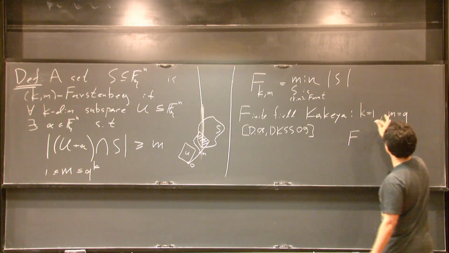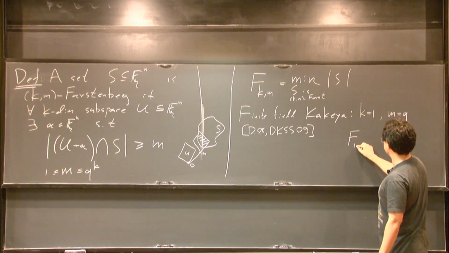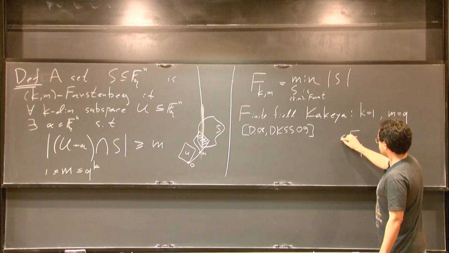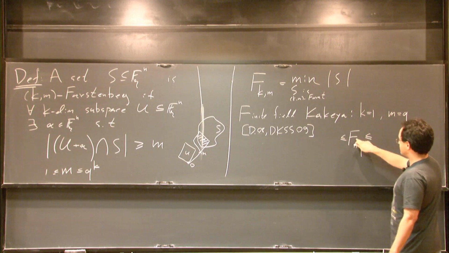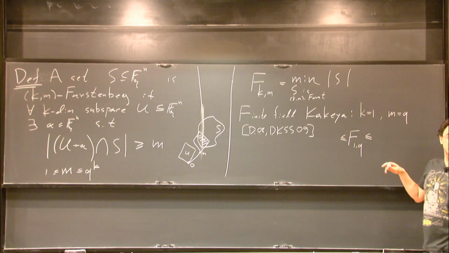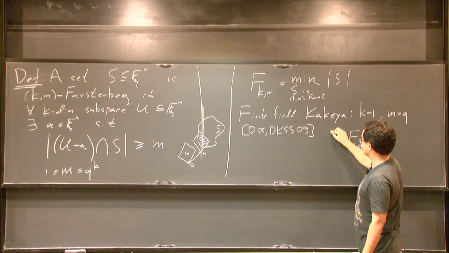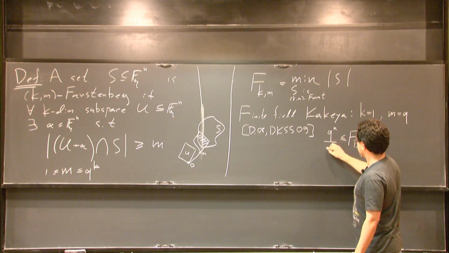And basically, we know the answer for this setting now. Every such set, so if you contain a line in every direction, has to be of size at least q^n over 2^n.